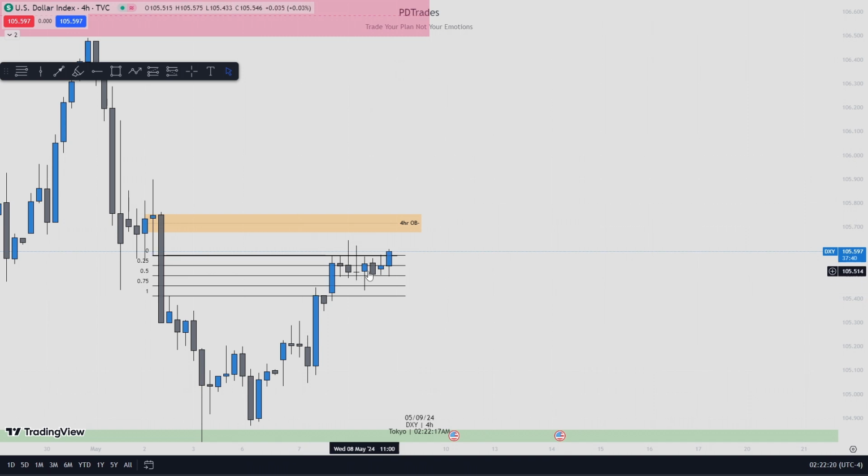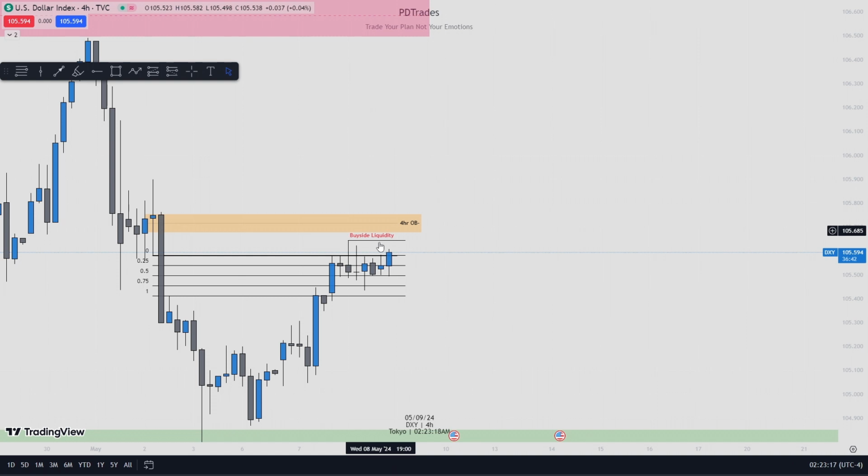It came, rebalanced, consolidated a bit, and used this candle to push price to the buy side. And look at this candle here. Look at the wick, 50%, meaning the midpoint of this imbalance here, and used it to push price to the buy side, to take out buy side liquidity resting here, and above it there's a bearish order block.